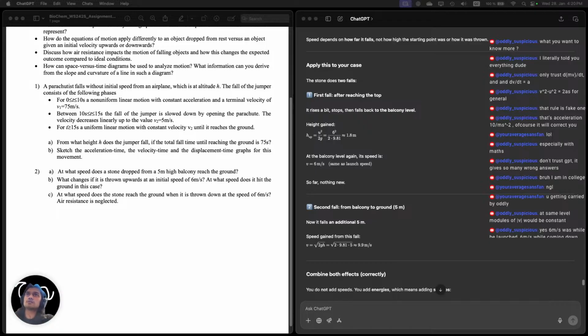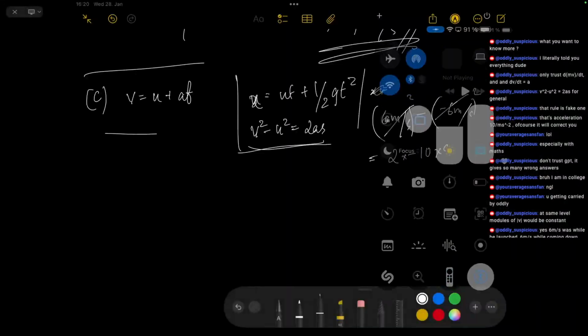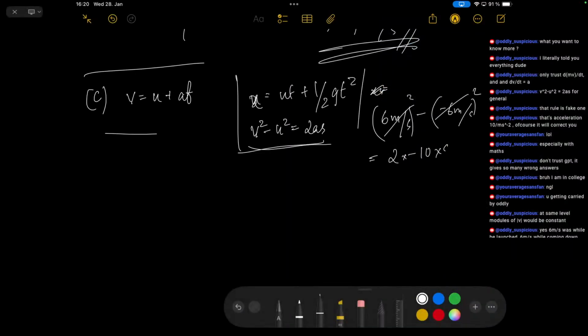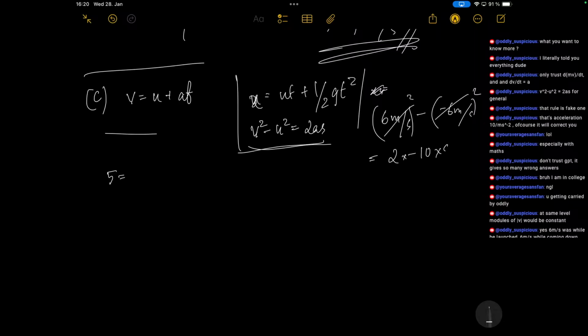At what speed? Come on. 6 meter per second in the same direction of gravity. Okay. The distance is known. 5 equals 6 times t plus half g t squared.